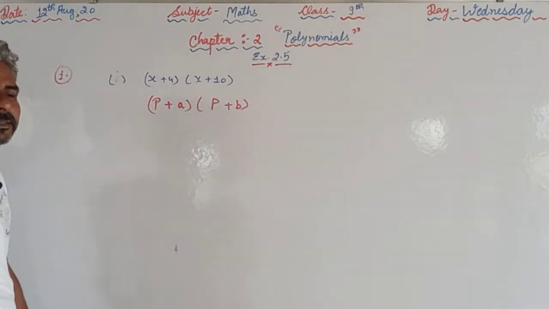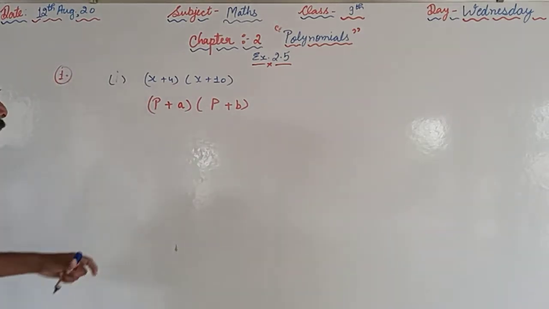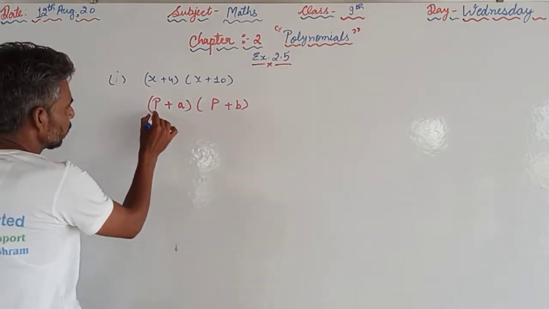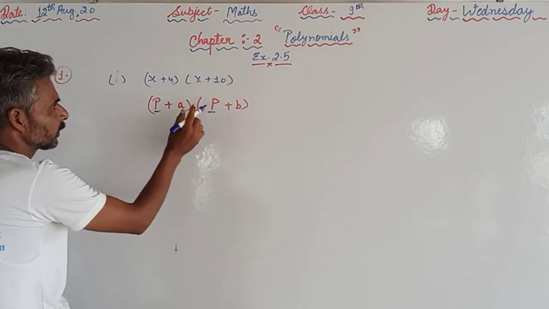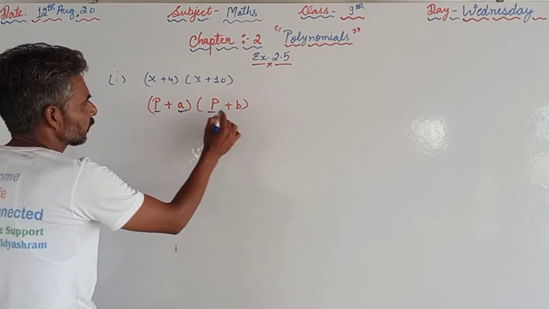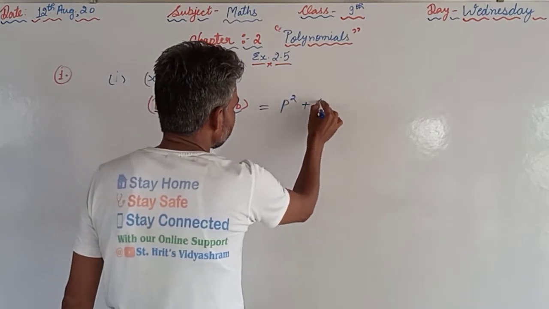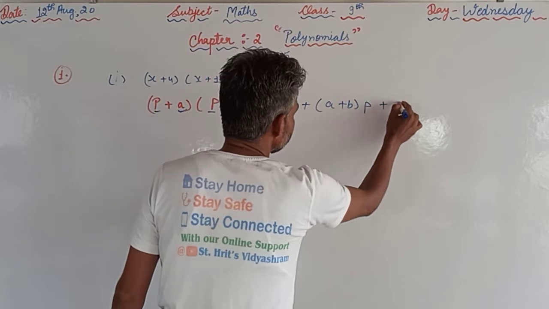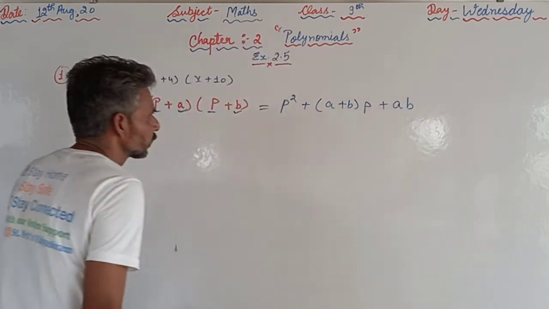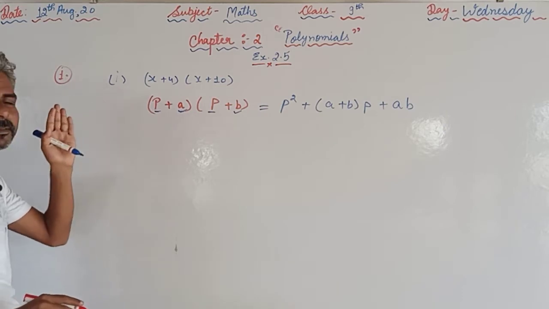Suppose the numbers are given in this form, in which the first variable is the same and the second one is different. Then the answer will be p square plus (a plus b) into p plus ab, which we are supposed to use to solve this question.